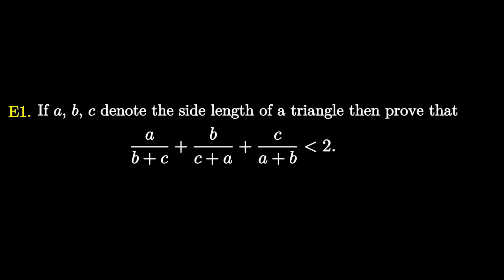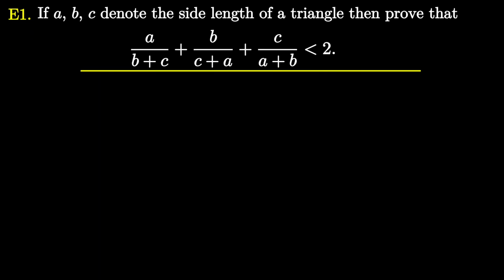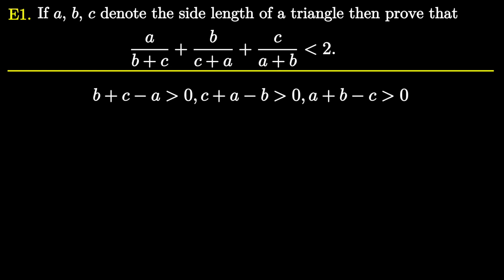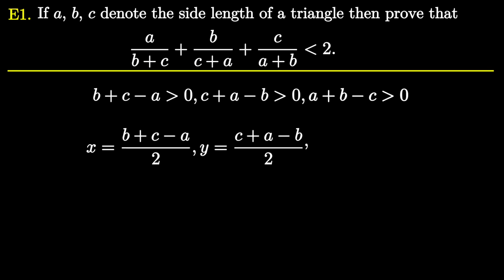Since a, b and c are the side lengths of a triangle, of course we have these 3 constraints: b plus c minus a is greater than 0, c plus a minus b is greater than 0, and a plus b minus c is greater than 0. As we already noted that these 3 constraints are not easy to deal with, we shall transform these constraints into some easy form.